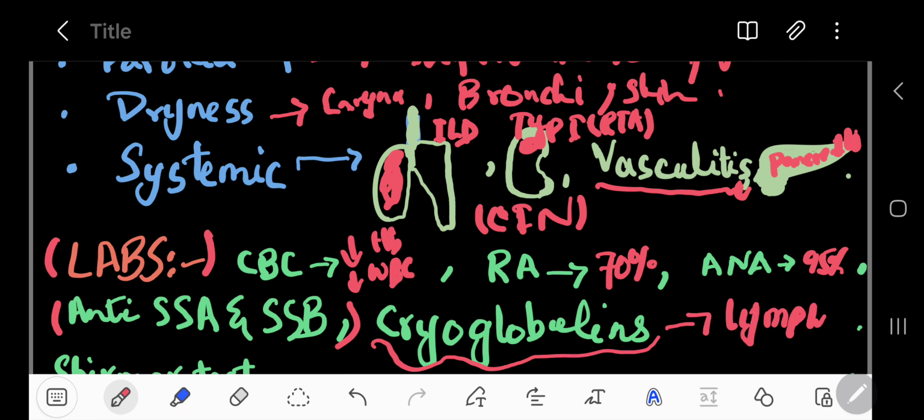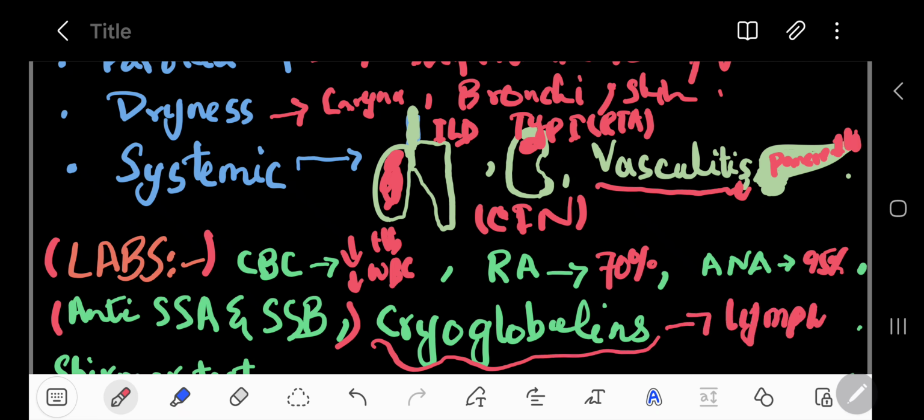Schirmer test. In this test we will use a filter paper, and we will see that if this filter paper doesn't get wet, it means you have dryness of the eyes.